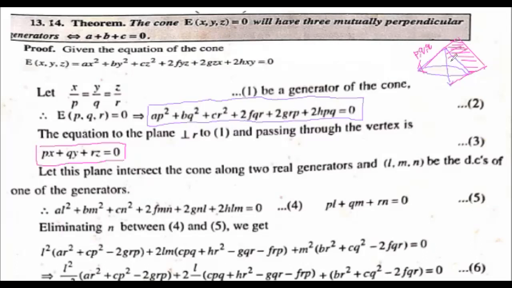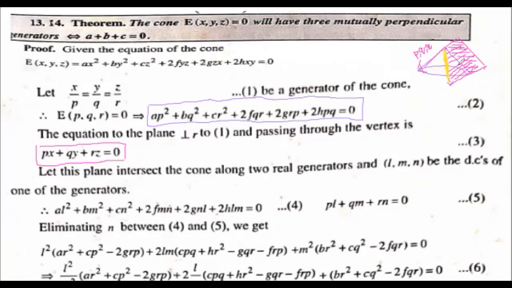These other two purple lines that I have drawn will be on the plane. So what are the DRs of one of these lines? I'm going to consider this as one generator, and I can say another generator as this.